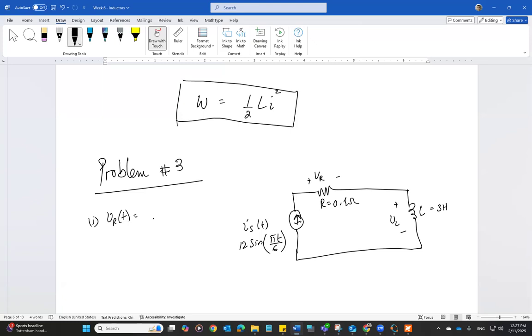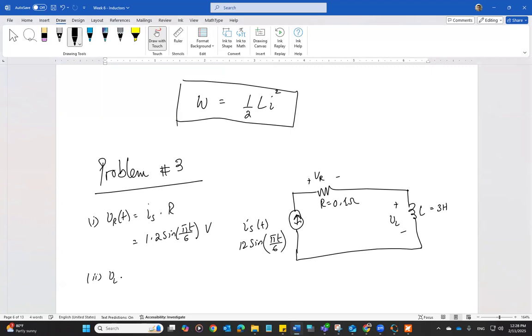So using Ohm's law, we can write down the voltage equation as IS times R, and that is going to be 12 times 0.1 is 1.2, 1.2 sine pi t over 6 volt. And then you can find out at any time instant what is going to be the voltage by just substituting that value of time.